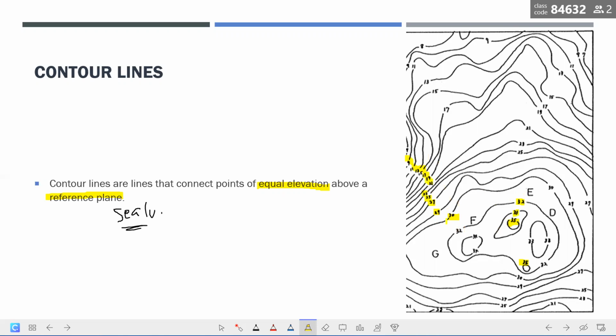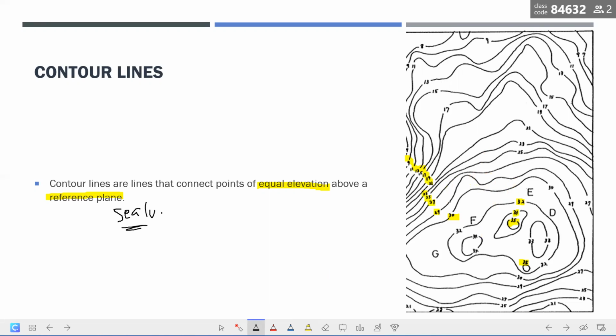So once again, every line represents one level of elevation, and these contour lines help you visualize the contour of the site you're working with. These contour lines also determine which areas can be built.